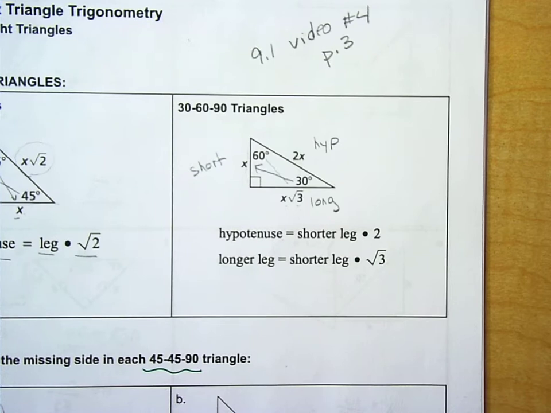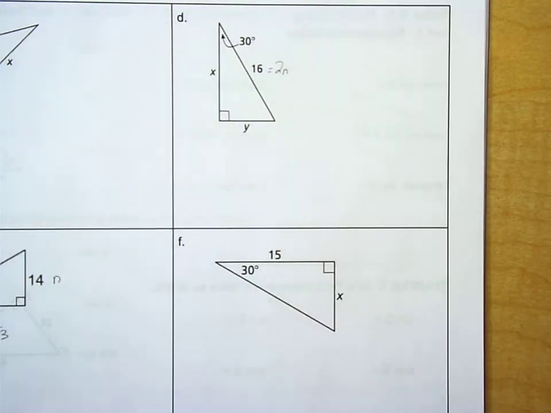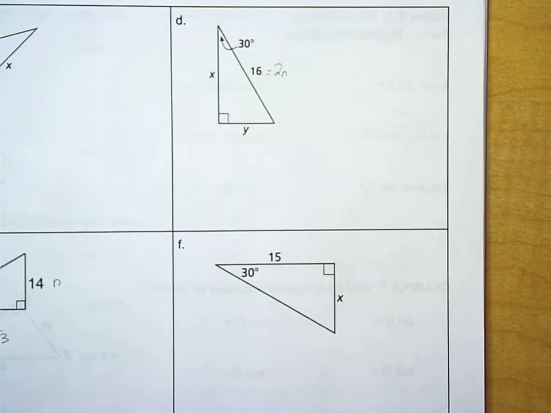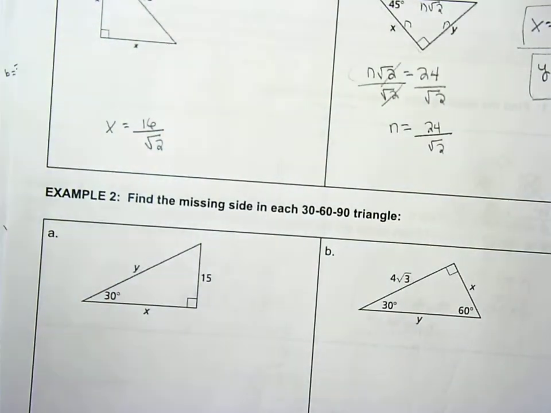Okay, for the examples for this, start on page 4. So I want you to turn to page 4. And if you go to the bottom where it says example 2, those are your 30, 60, 90 examples.